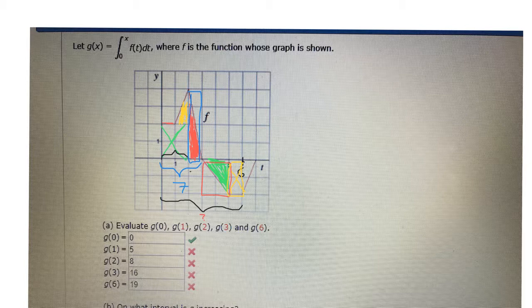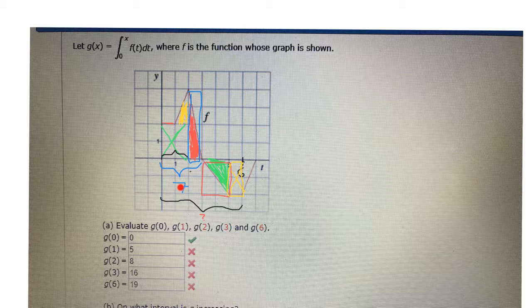Now, as I said before, sure, the area of the boxes between the graph and the x-axis is 4, but it's going to be a negative number because it's under the x-axis. So the area, therefore, is negative 4. So what that means is we have an area of a positive 7 here, denoted by the 7.